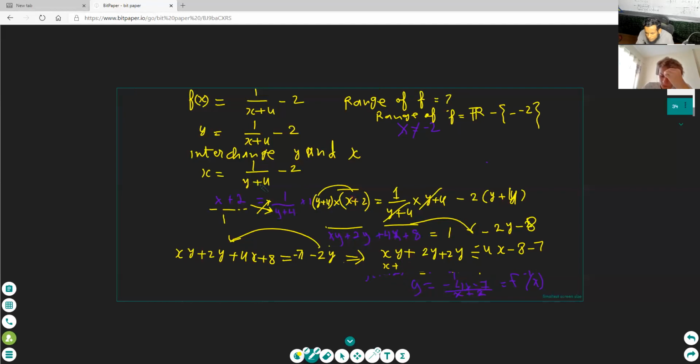So making y plus 4: xy plus 2y plus 4x plus 8 is equal to 1 minus 2y plus 4. 1 minus 2y minus 8.